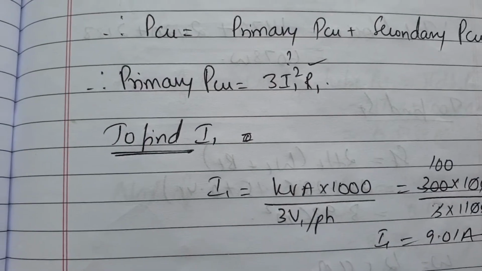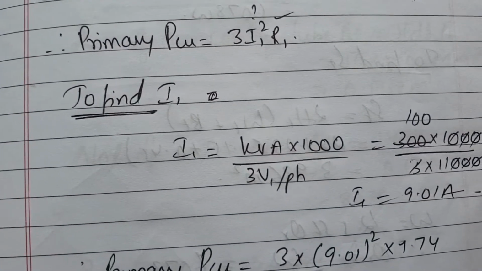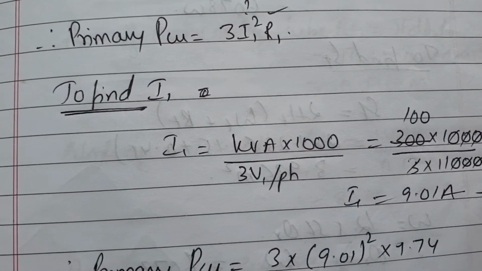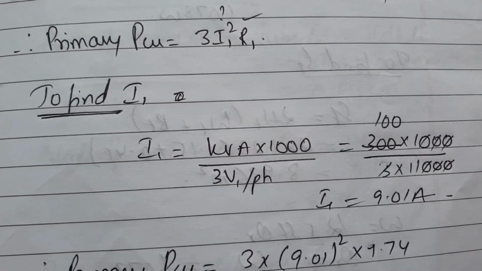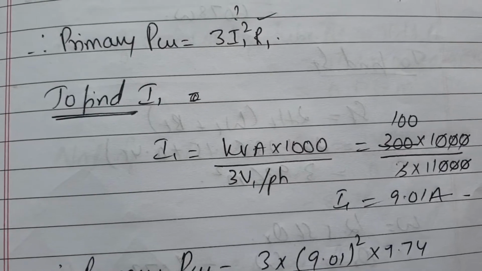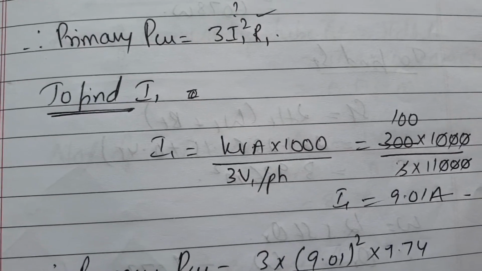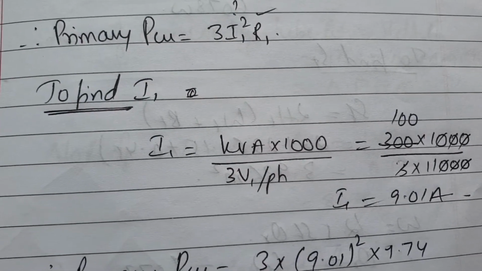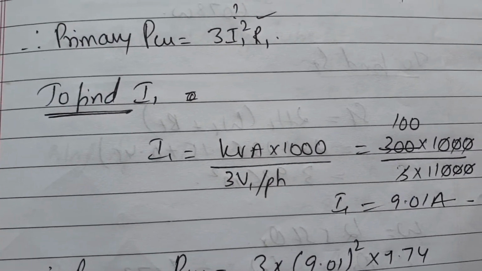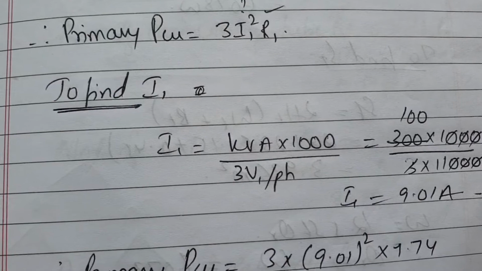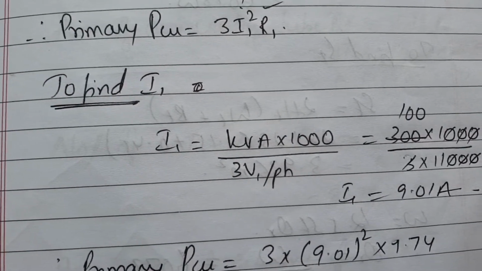Let us calculate I1. Therefore, I1 is equal to kVA into 1000 divided by 3 V1 per phase. Remember, it's a 3-phase transformer, so you have to take all the values in phase. Since it's delta connected in the primary, there is no need to divide by root 3 on the voltage side.